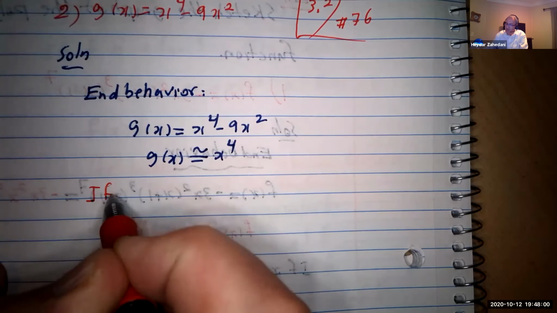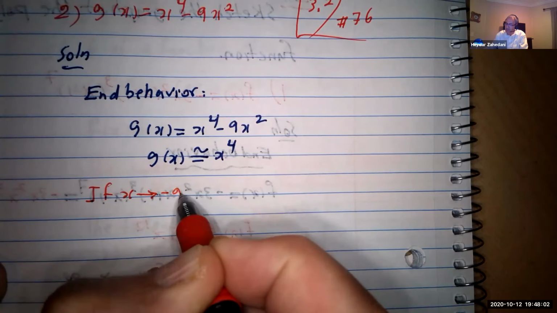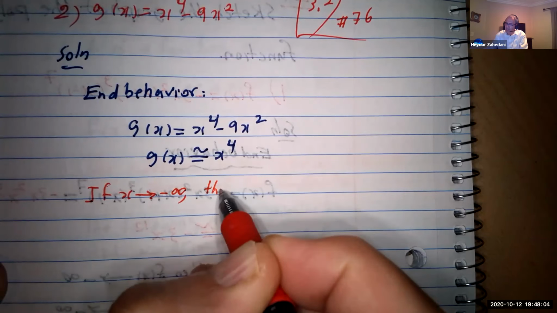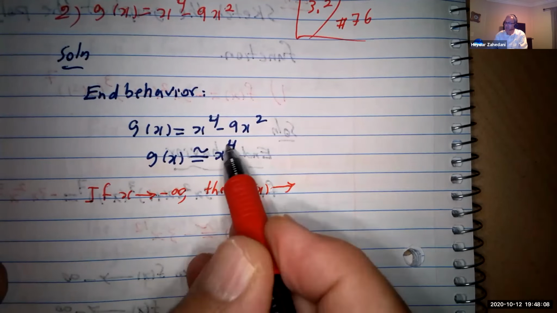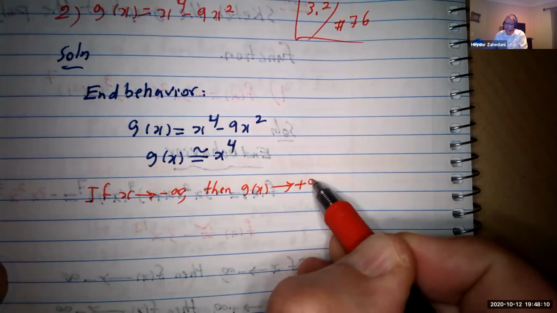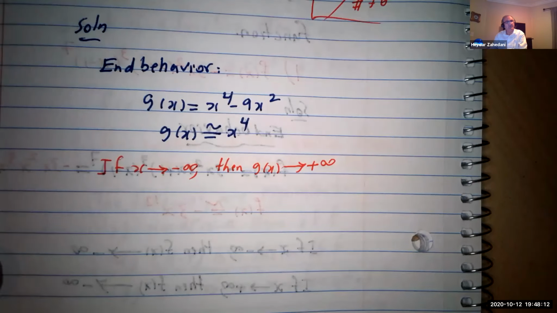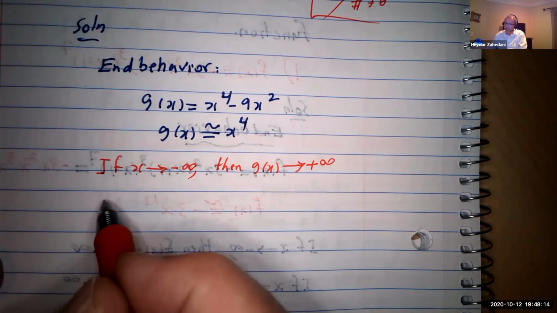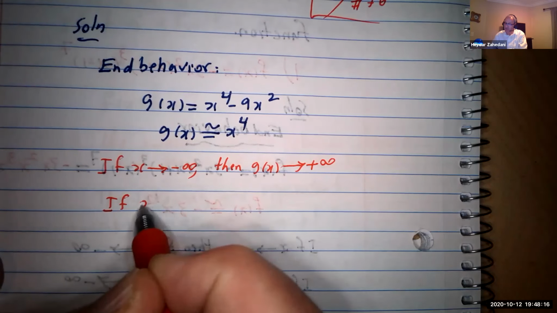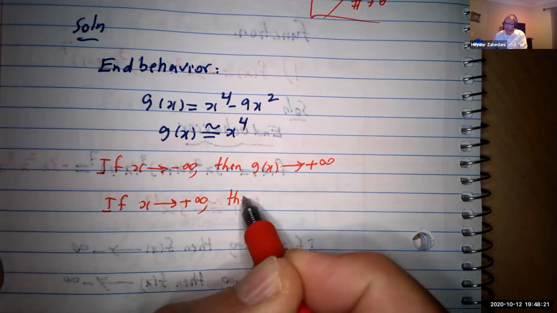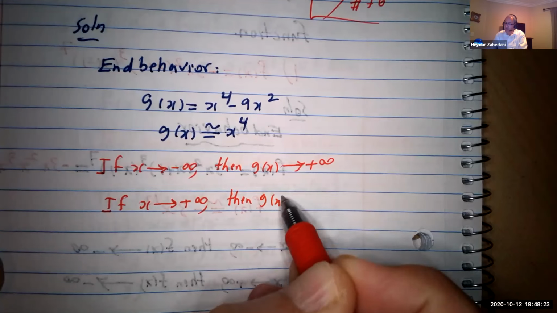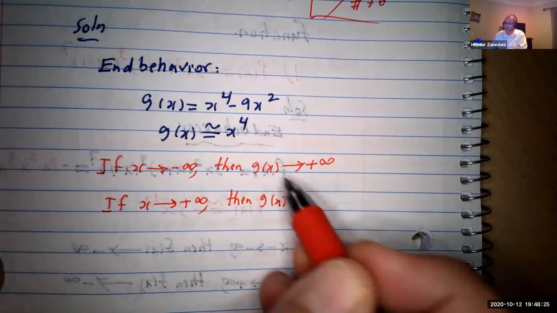If x goes to negative infinity, then g of x goes to negative to the even power, which gives a positive, so it's going to be positive infinity. And if x goes to positive infinity, then your graph again goes to positive infinity.